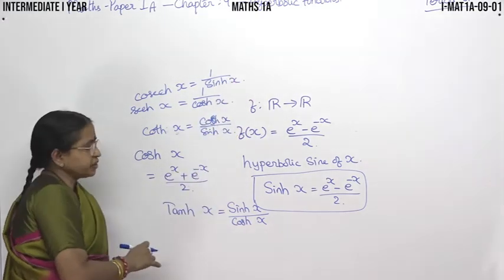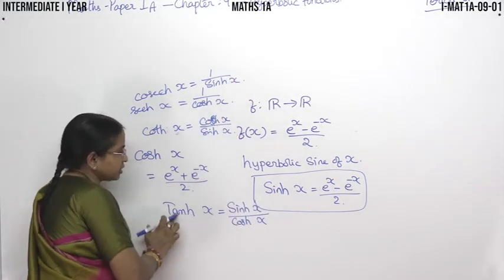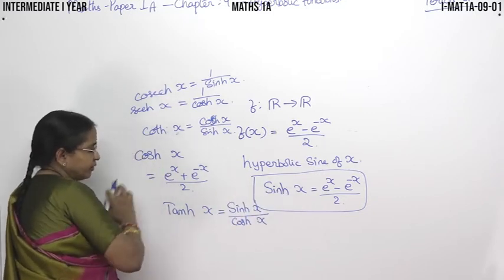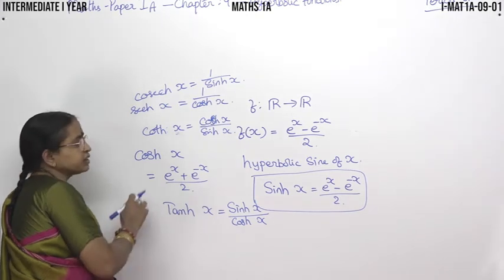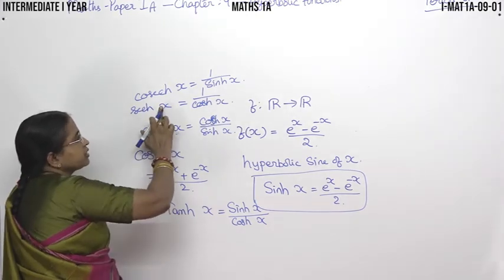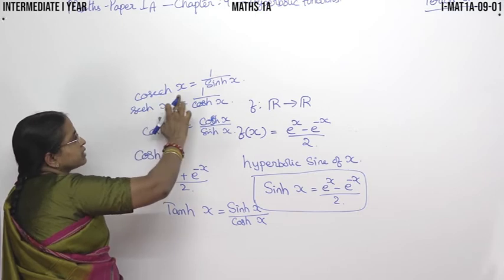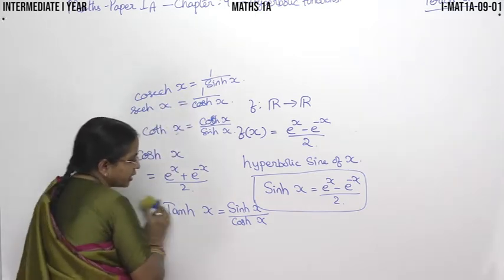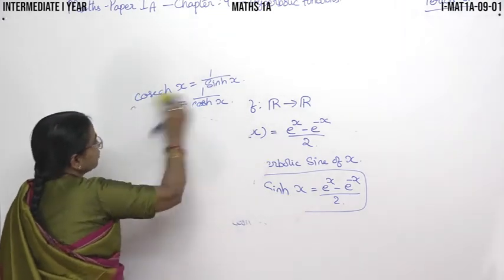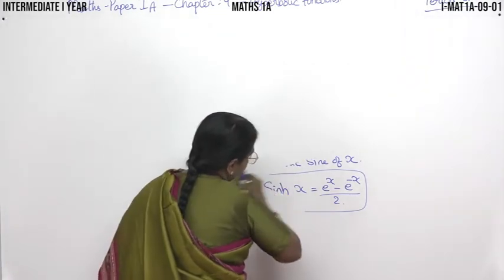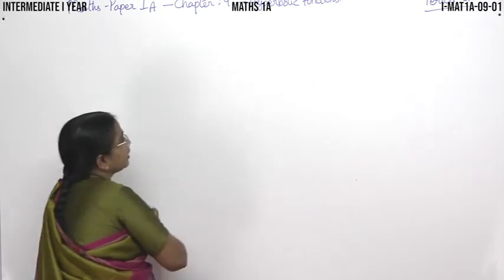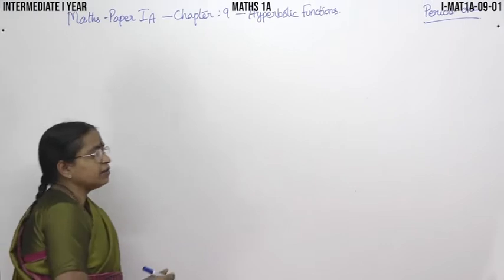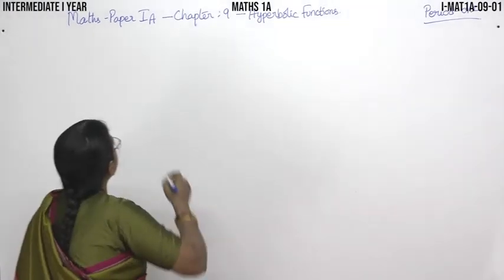So these 6 functions: hyperbolic sine of x, hyperbolic cosine of x, hyperbolic tangent of x, hyperbolic cotangent of x, hyperbolic secant of x, and hyperbolic cosecant of x are called hyperbolic functions. Now we'll write these definitions and then we'll draw the graphs and then we'll do some simple problems.